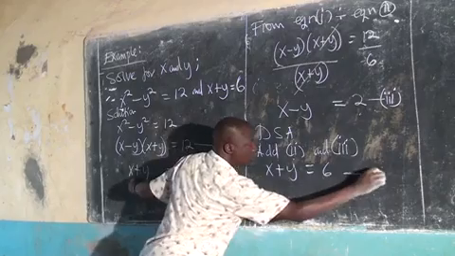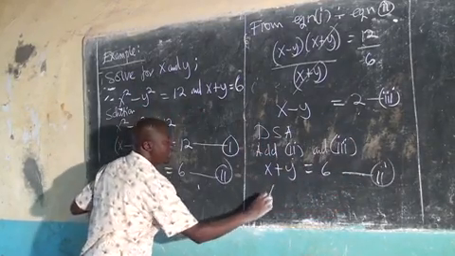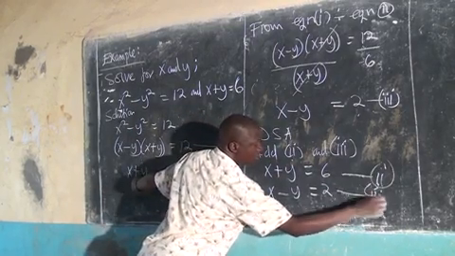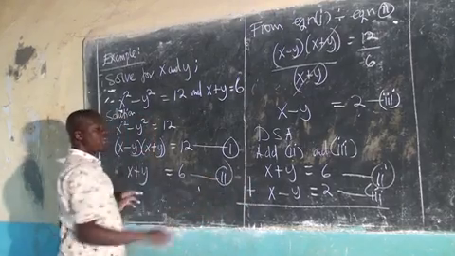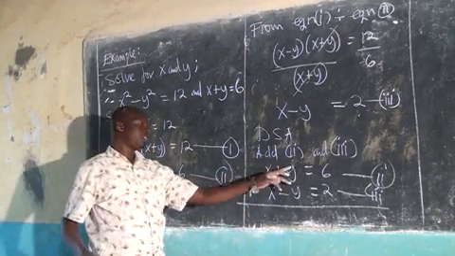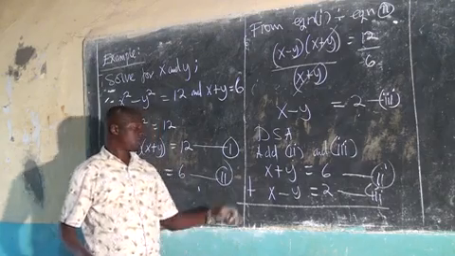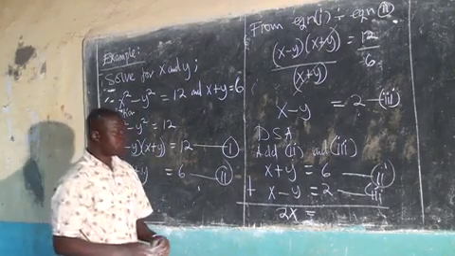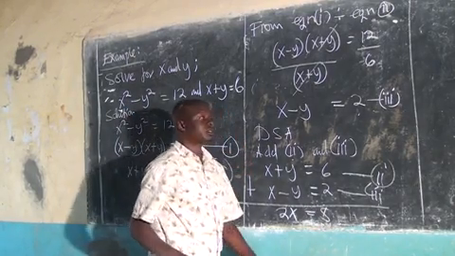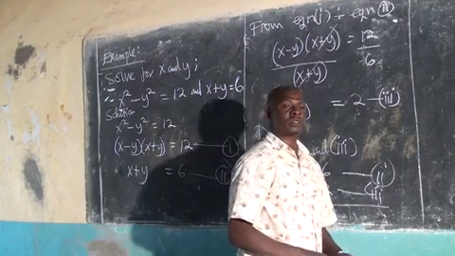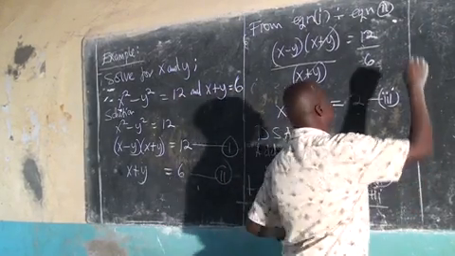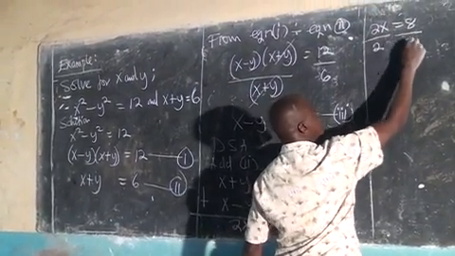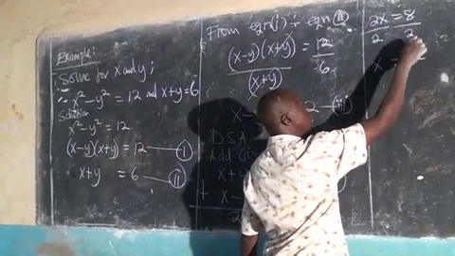When you add, we eliminate y, and this gives positive 2x equal to positive 8. Our interest was to solve for x. Dividing by 2, x equal to 4.